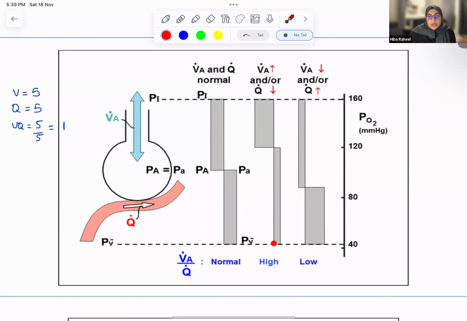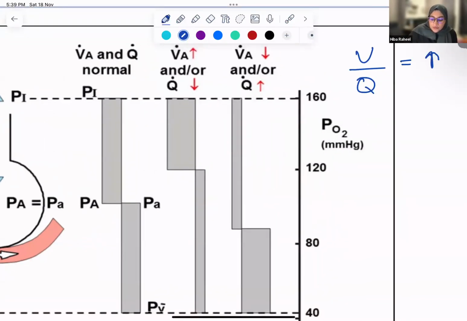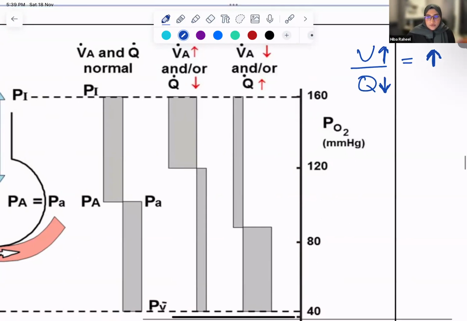What does that mean? It could be due to an increase in ventilation or a decrease in perfusion. So let's write it down: VQ is high. How is the ratio high? If the ventilation increases, because remember, when you increase the top number, the answer goes up, or the Q is low, so the perfusion is low.